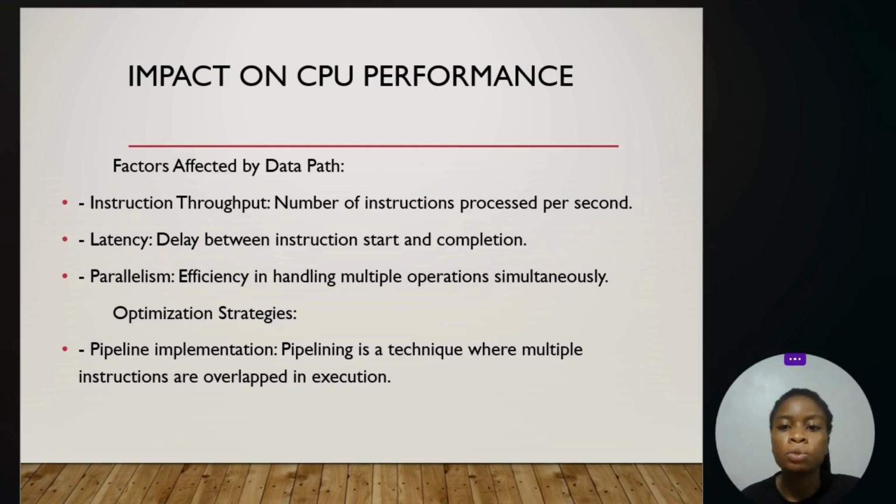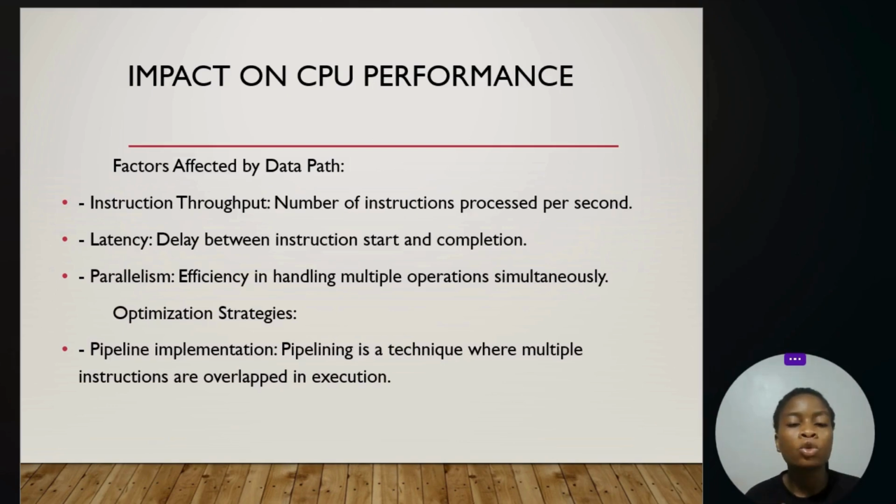So, impact on CPU performance. We have factors affected by data path. Instruction throughput is the number of instructions processed per second. Latency is the delay between instruction start and completion.